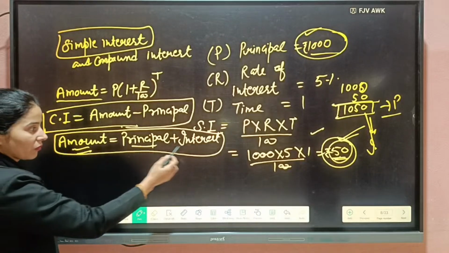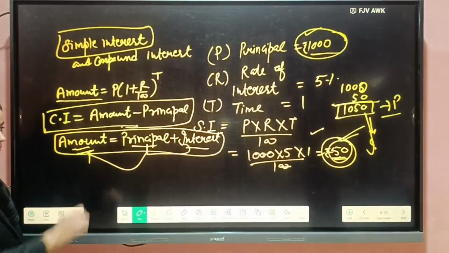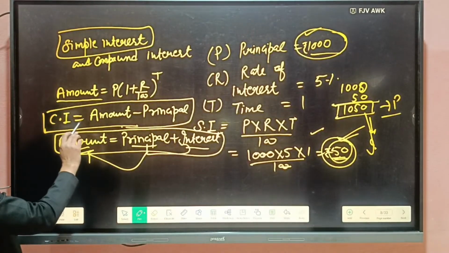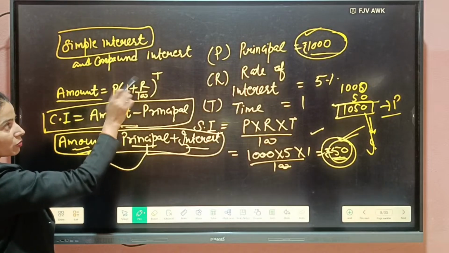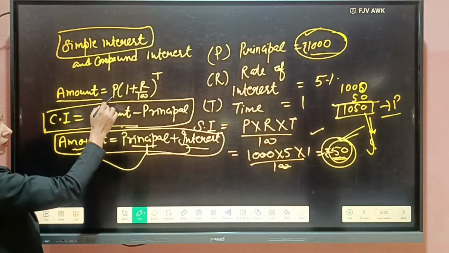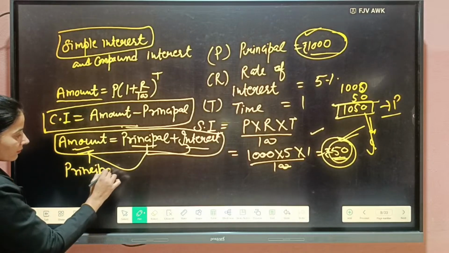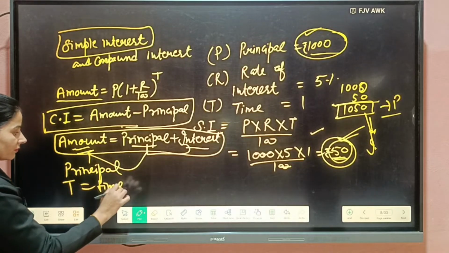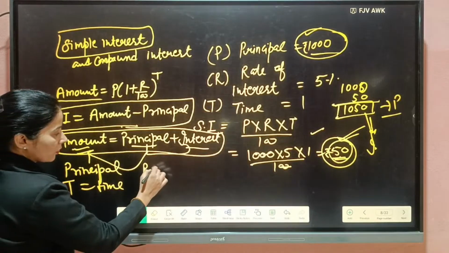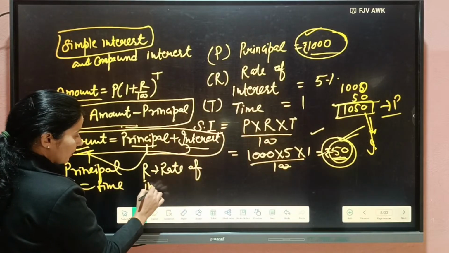Along with principal, the additional money you are getting, collectively we call amount. And the compound interest formula is P into 1 plus R by 100 to the power T. P denotes principal, T stands for time, and R stands for rate of interest.